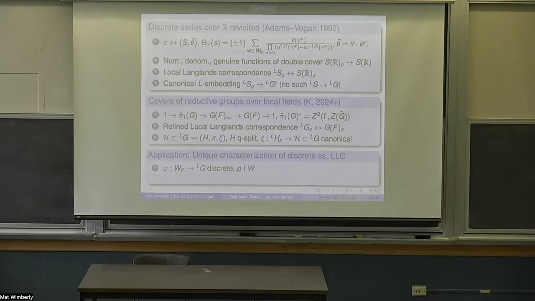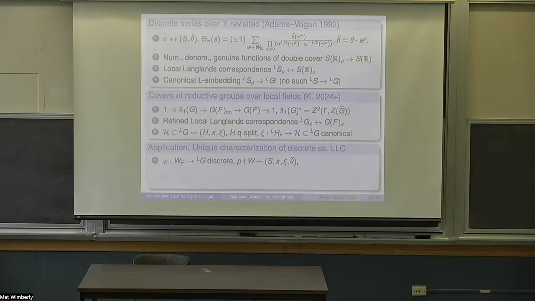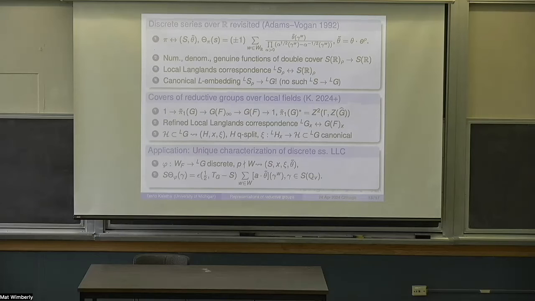Namely, if you start with a discrete L parameter, in a canonical procedure without any choices, you obtain, using this result on covers, a torus and a cover of it, and a genuine character, and then you can write a formula for what should be the stable character of the corresponding L packet. And this, by just mere linear independence of characters, uniquely characterizes the L packet that you're supposed to construct. So now you're expecting to have a local Langlands correspondence, but not only that, you know exactly what should come at the end. The only thing you don't know is how to get it, but at least you know what you're shooting for.